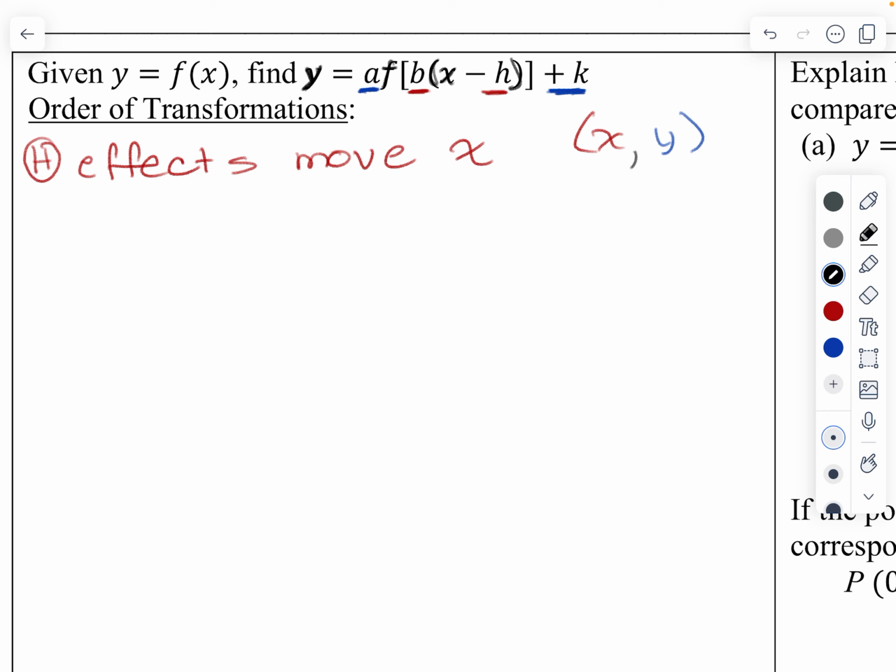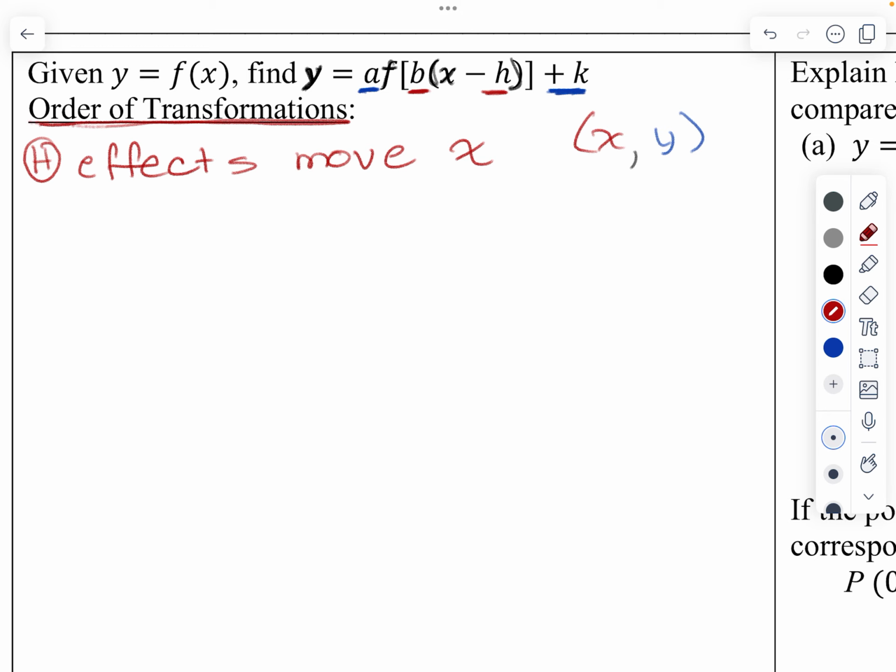A and k are going to affect the y component. All right, but let's talk about what order we're going to do them. We're horizontally affecting, so we're talking about b and h. Which number should we use to transform the x value first, or the horizontal component first? It's going to be b.